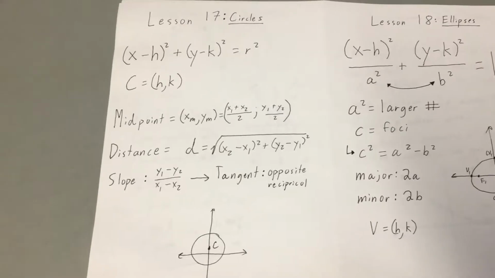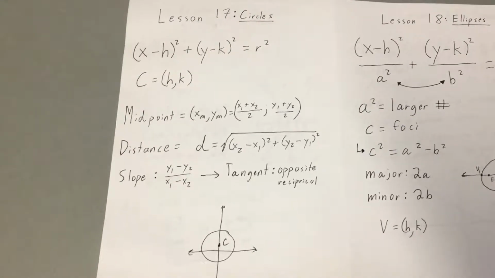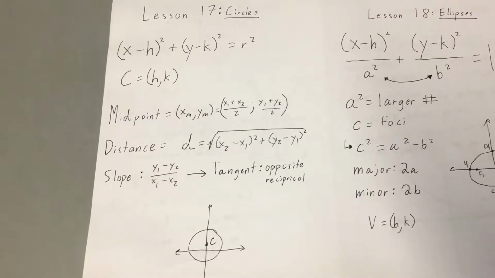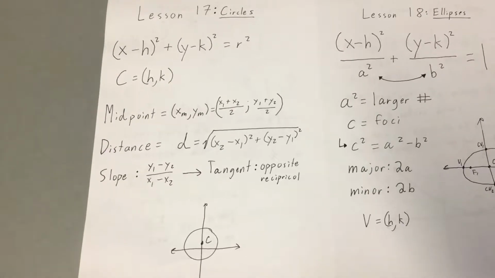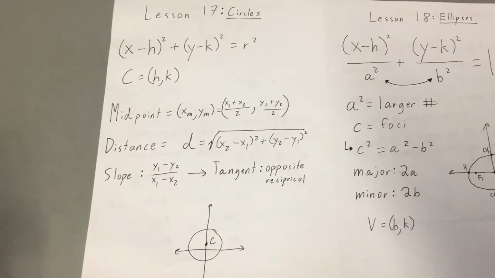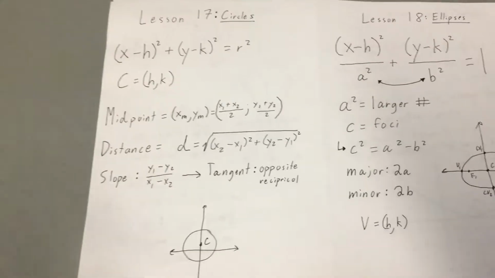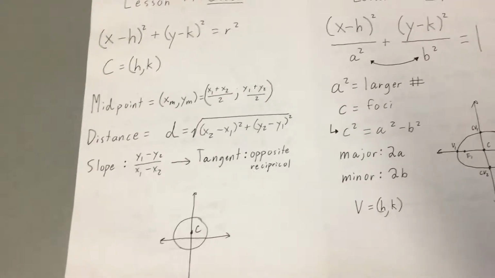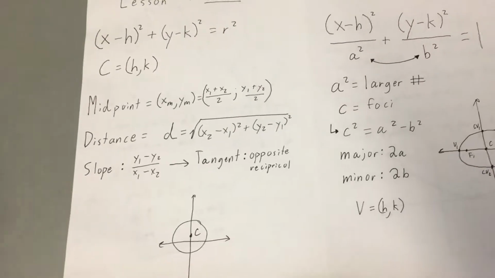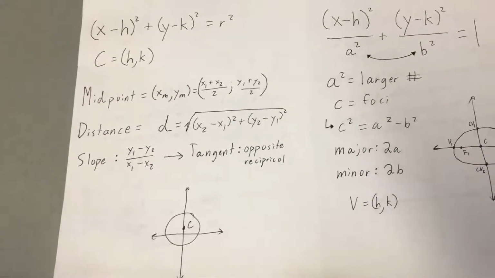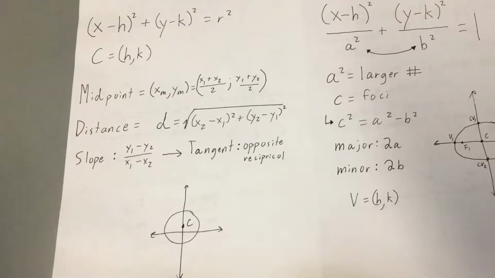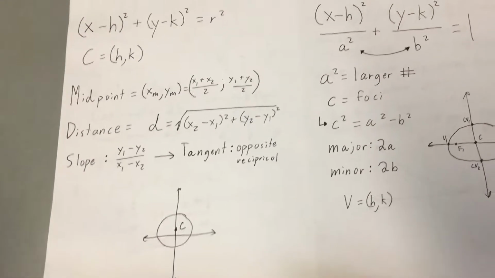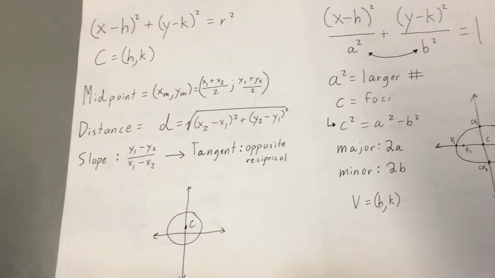Here we have circles. The equation for a circle is (x - h)² + (y - k)² = r². r is the radius, and the center is (h, k). You can use the midpoint formula to figure out the midpoint, which is the average of 2 points. And you're going to need the distance formula too, which is the square root of (x2 - x1)² + (y2 - y1)².